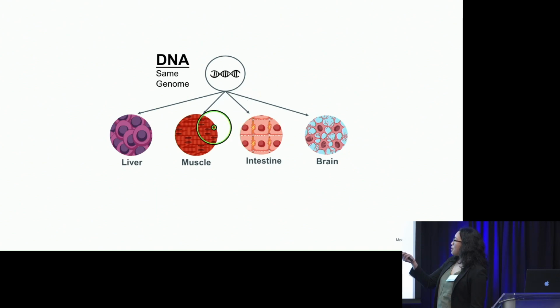But what is interesting to think about, and this was kind of mind-blowing to me when I first learned about it, is that every cell in your body, every tissue, has the exact same DNA, the same instructions of how to make a liver cell, a muscle cell, a brain cell, and so forth. And so how do you have that same DNA, but then have such different cell types?